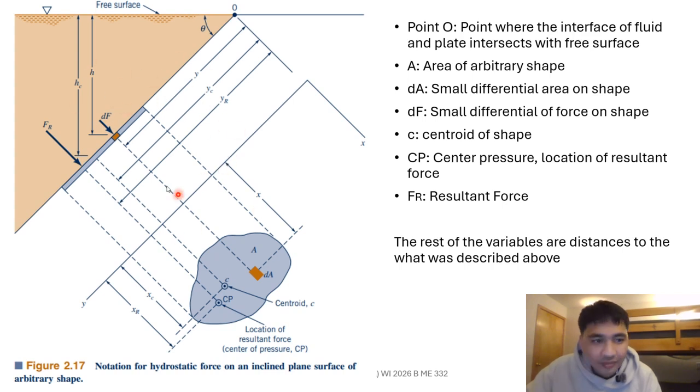FR here is the force resultant. The rest of the variables are just distances to everything I described before, so I'll let you look through that: your y, yC, yR. You can pause the video here and see where these are coming from.